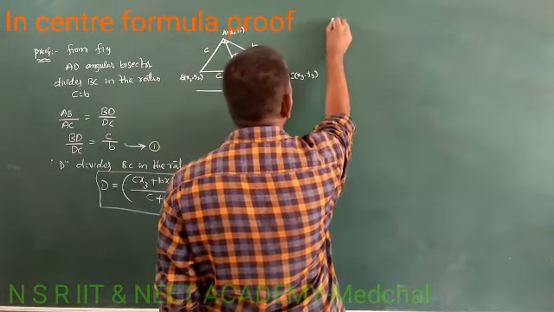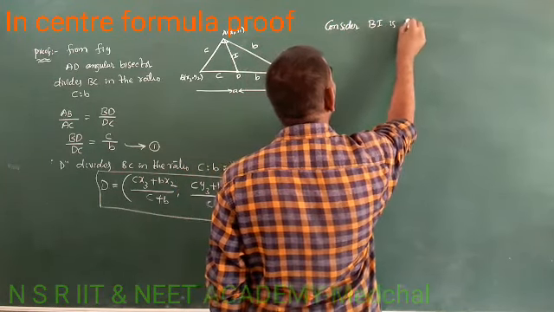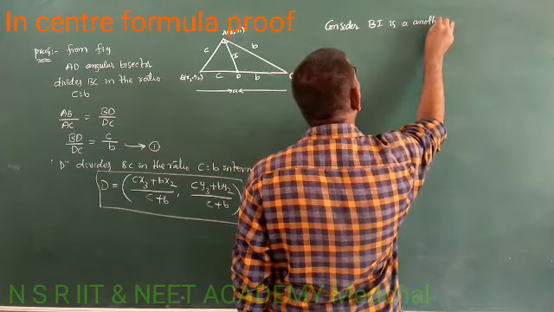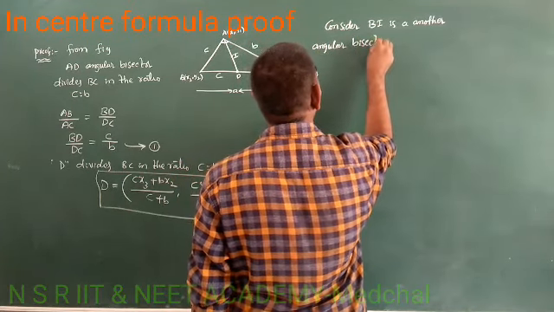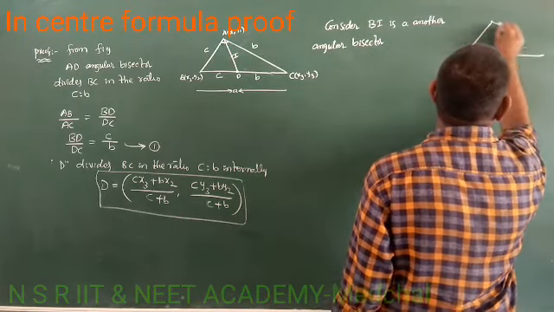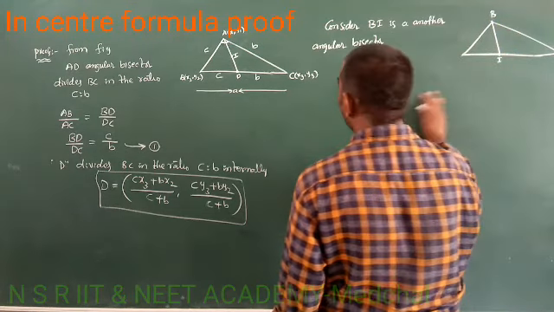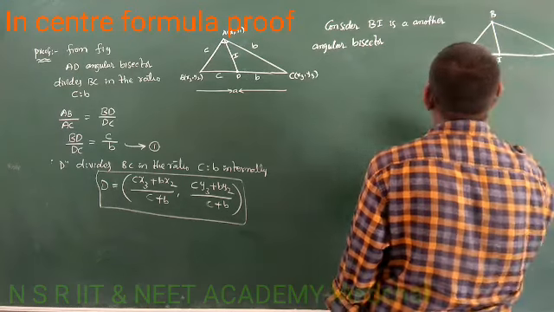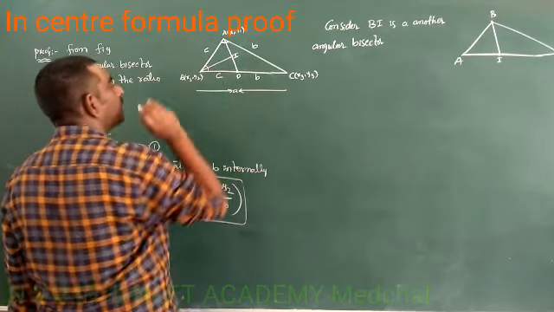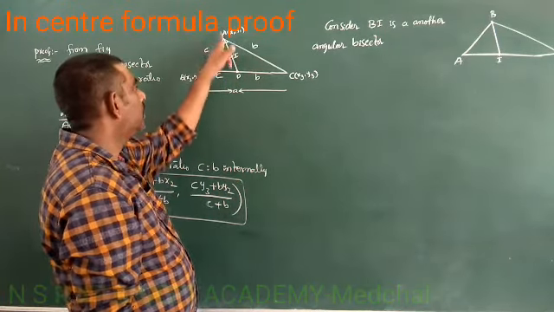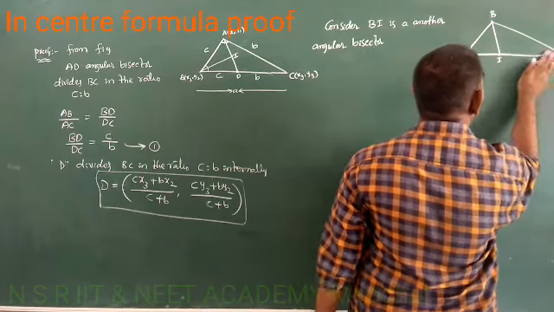Consider BI is also another angular bisector. So here B, I, D, and this one is A.